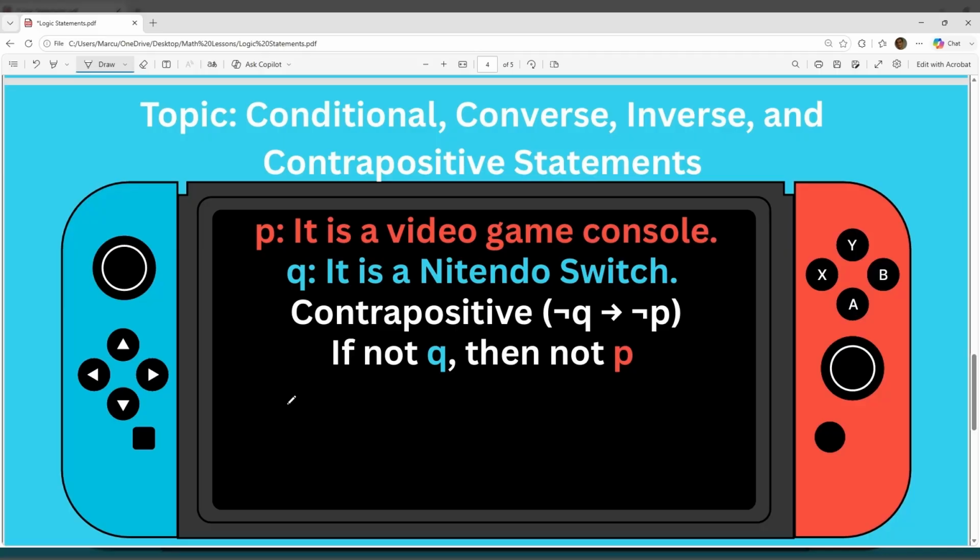Hello everyone, welcome back. Now we're going to go over the contrapositive statement. So we have if, switching colors, and notice this time blue goes first, right? So I'm switching to blue now.